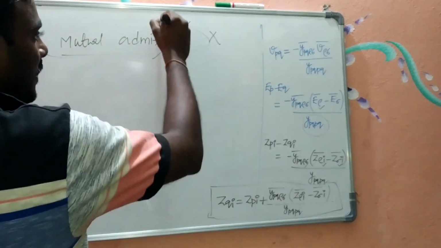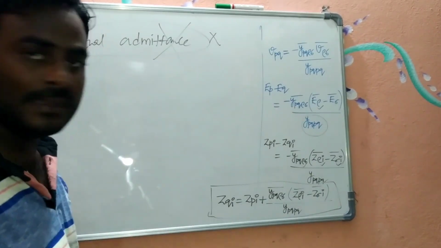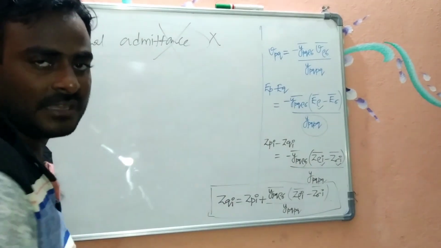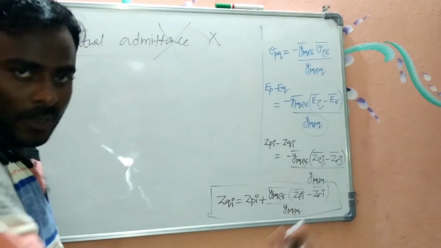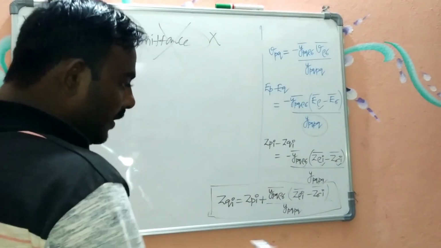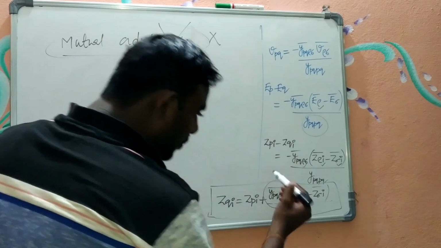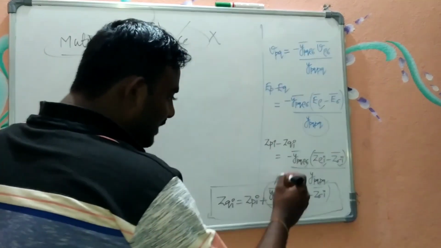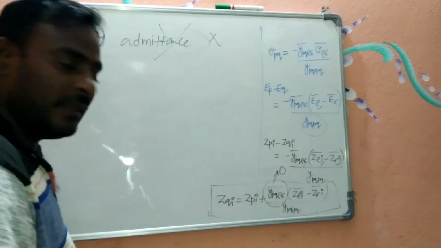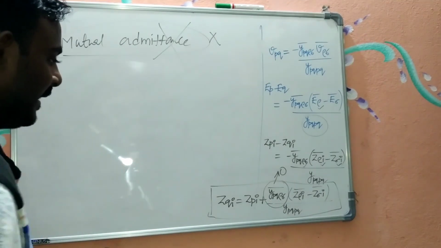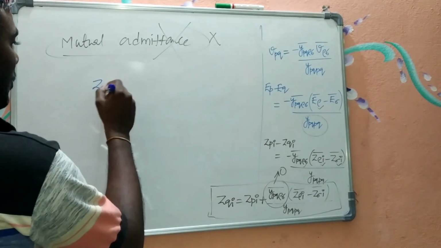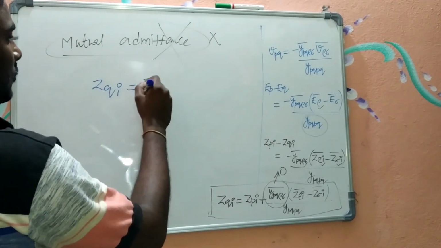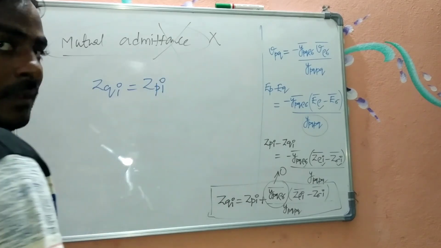If there is no mutual admittance in the problem, then we can neglect this YPQ rho sigma bar, or we can make this 0. In that case, we get the off diagonal ZQI equal to ZPI.